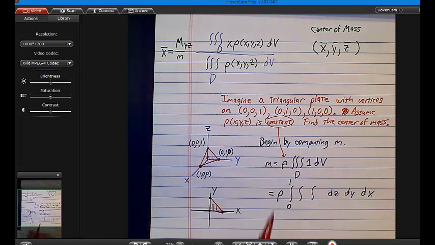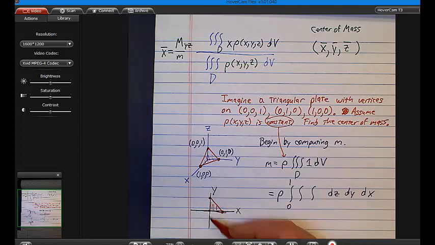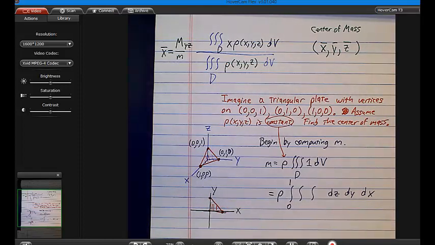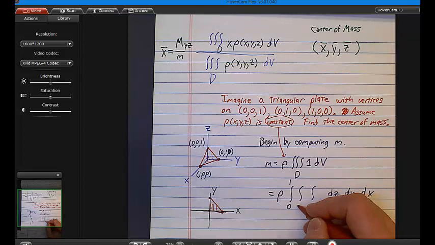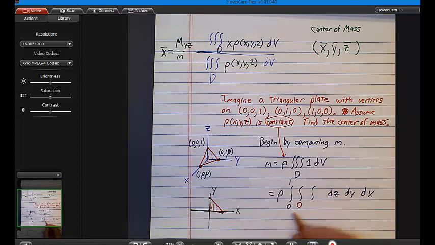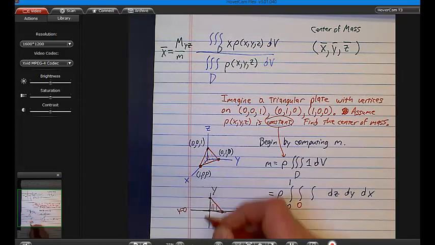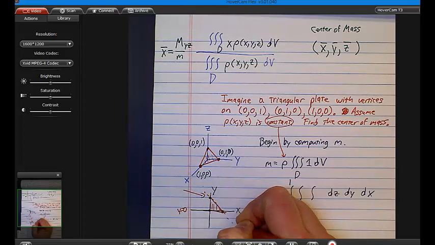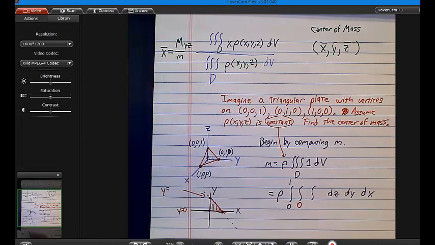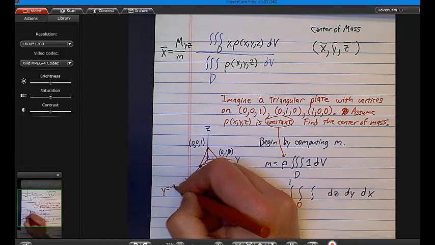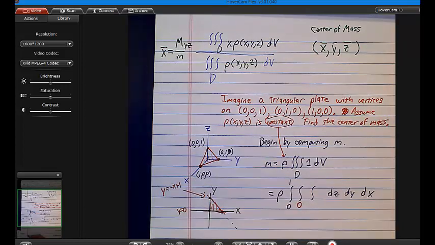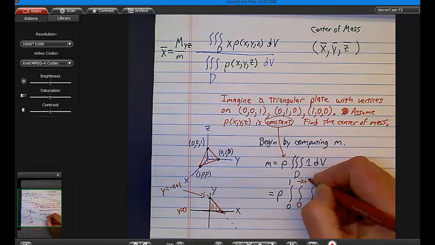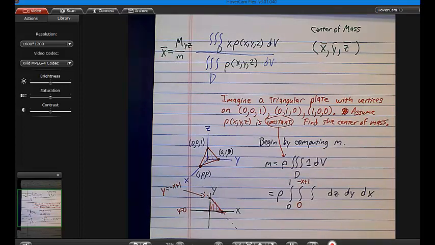If I were to project this down onto the xy plane, that's the region I'm looking at. So the lower limit is going to be 0, but when I say 0, I'm really saying y equals 0. And the upper limit up here, what's that going to be? That's this line right here, so that's going to be y equals what? Negative x plus 1, because it's shifted up 1 there. And so that's what goes here. Guys with me so far?